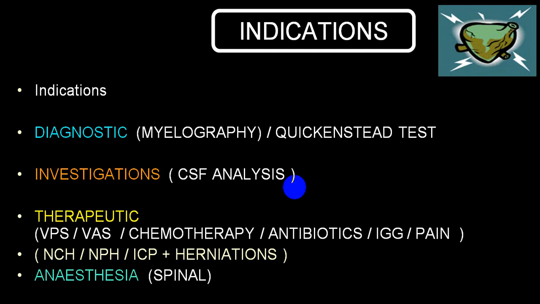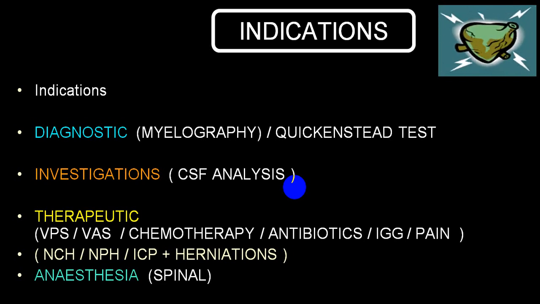You can utilize immunoglobulins, IgG, in case of tetanus, and particularly in a person with chronic debilitating pain because of metastasis, analgesic can be injected by doing lumbar puncture.